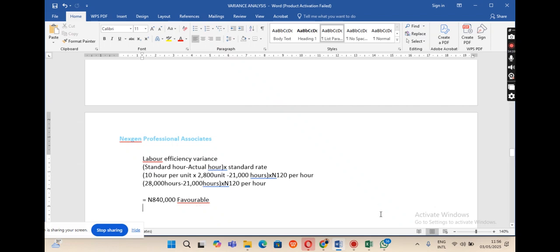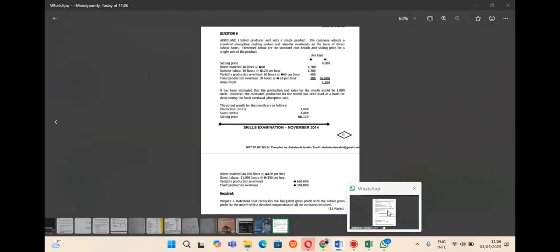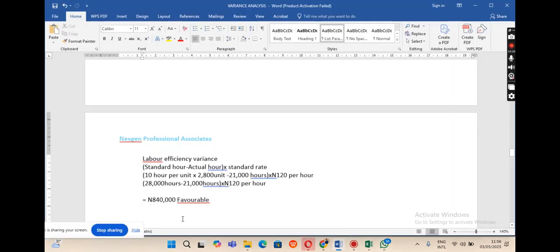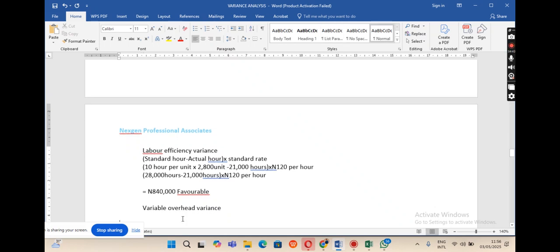So the next, based on the question, what is the next variance? The variable overhead variance, right? You can see, do you need to cram anything? You don't even need textbook, right? The variable overhead variance is divided into expenditure and efficiency.